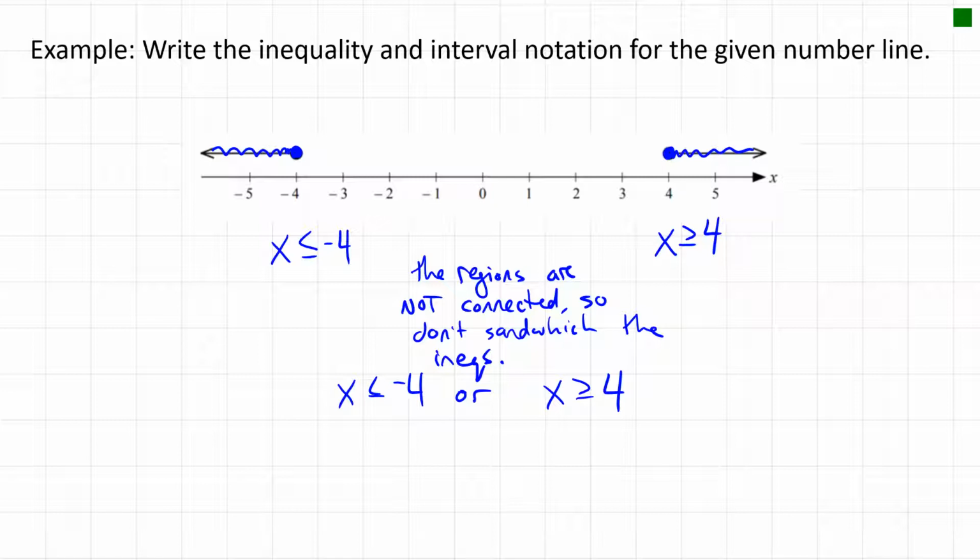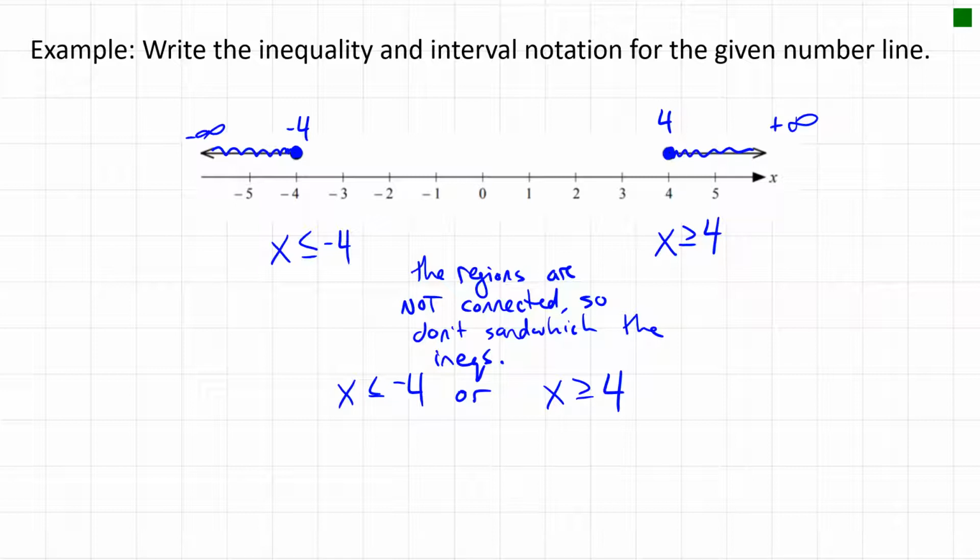And now in interval notation, we also have two separate regions because there's two different endpoints over here. So we have -infinity up to -4, and then we also have 4 up to +infinity. Those are two separate regions.